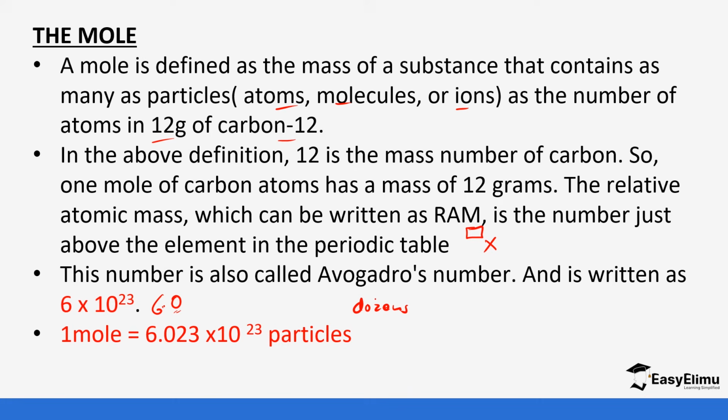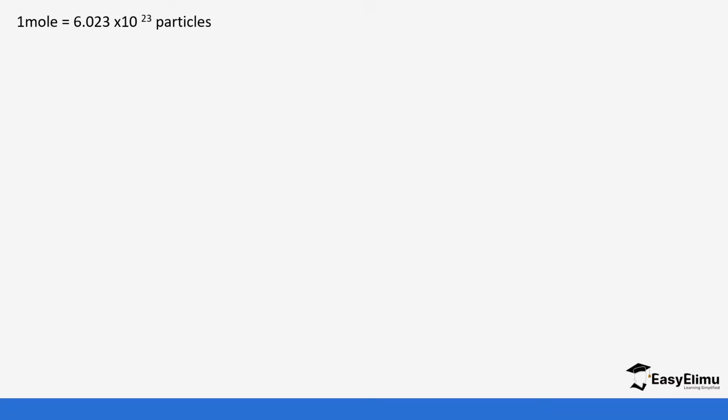Because particles are so small, we can't use things like dozen and 30. We usually use Avogadro's number, which is 6.023 times 10 power 23 particles. This is the number used to represent these particles because they are too small. So every 1 mole of a substance has 6.023 times 10 power 23 particles. These are so many particles, but that is where the mole comes from.